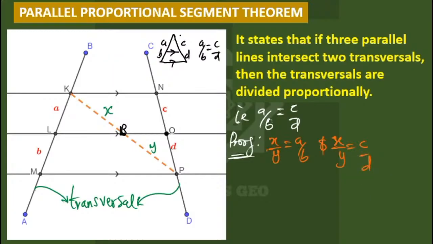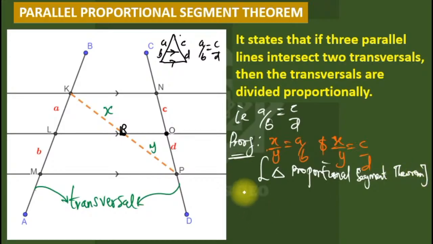By the triangle proportional segment theorem. Therefore, equating, this is X over Y and this is X over Y, so A over B is now C over D. So we've proved that.